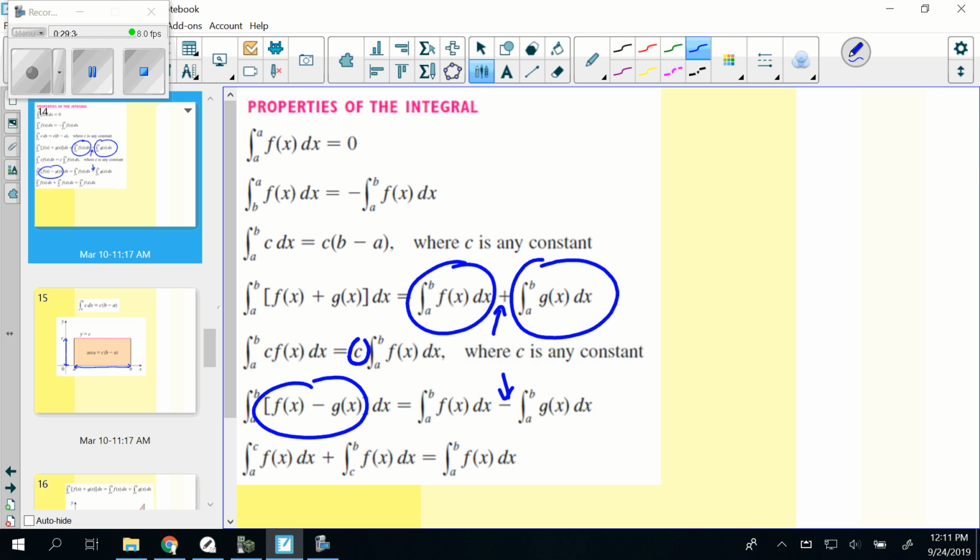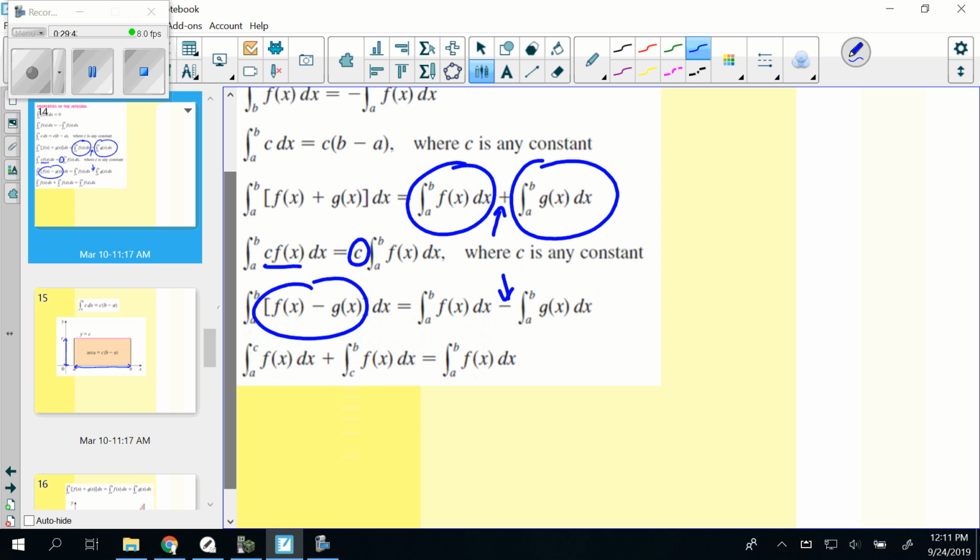Constants, again, can get pulled out if it's with a function, and then you can multiply that back later. And then finally, this last one: if you have a function that starts at a, ends at c, and then another one that starts at c, ends at b, that would be the same as the function from a to b.